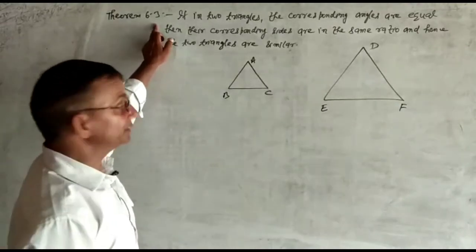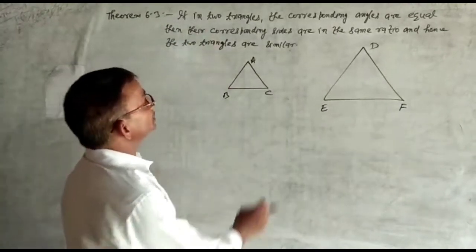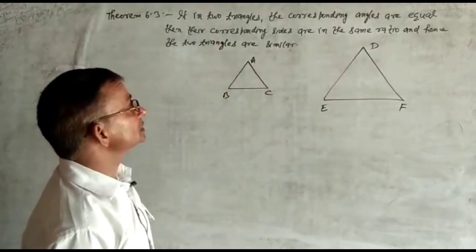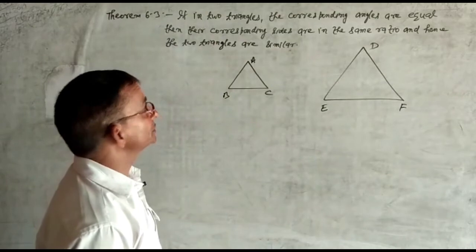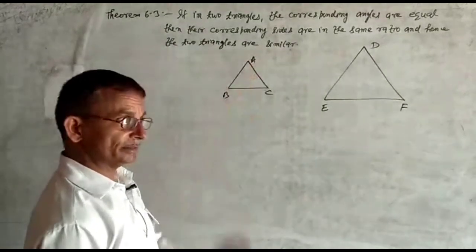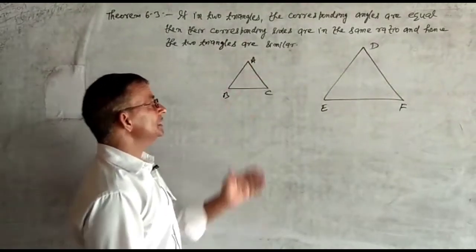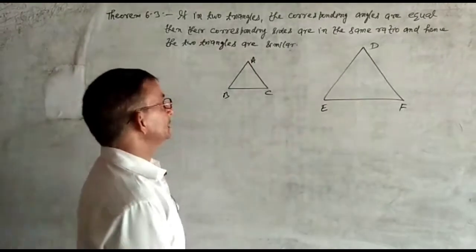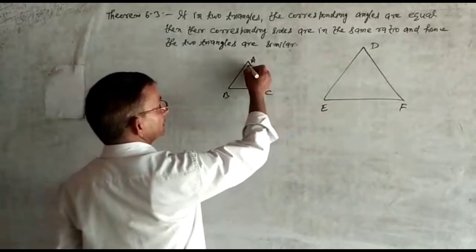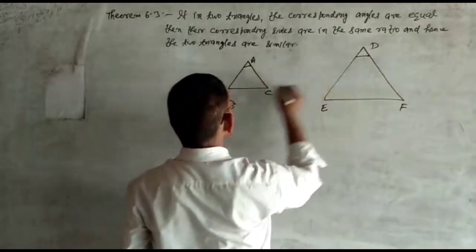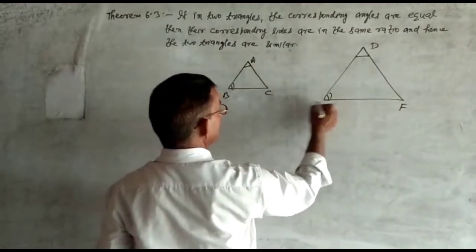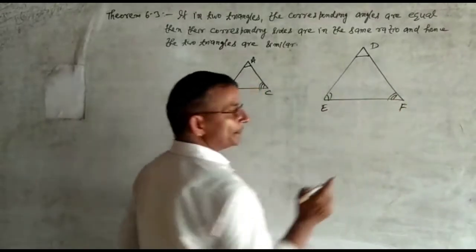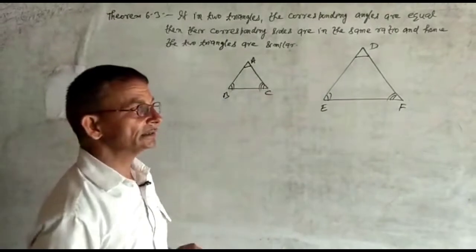Theorem 6.3. If in two triangles the corresponding angles are equal, then their corresponding sides are in the same ratio and hence the two triangles are similar. Suppose we are given two triangles, ABC first and DEF second. In these triangles, angle A is equal to angle D, angle B is equal to angle E, and angle C is equal to angle F. We have to prove that both triangles are similar.